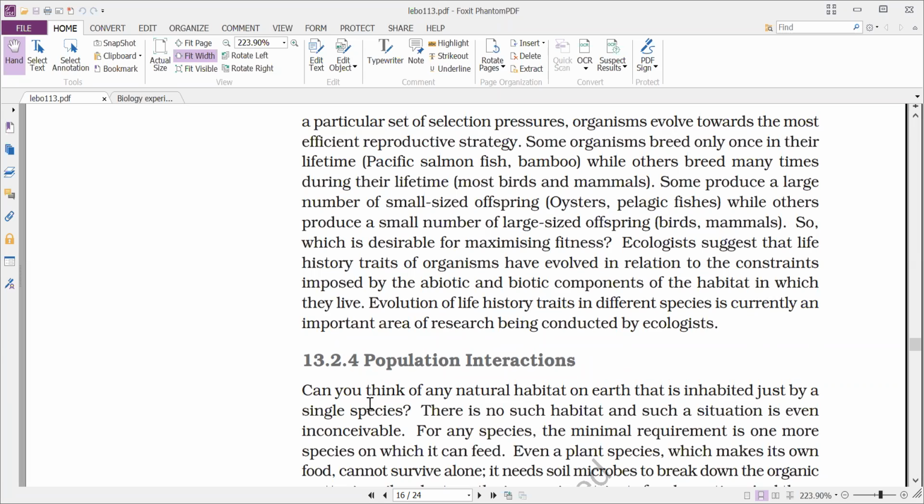While others produce a small number of large sized offspring, some birds and mammals.